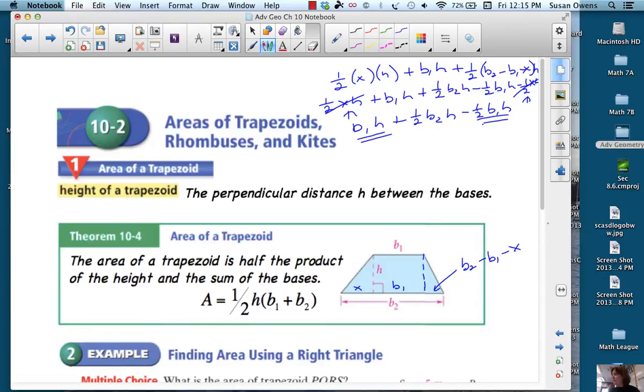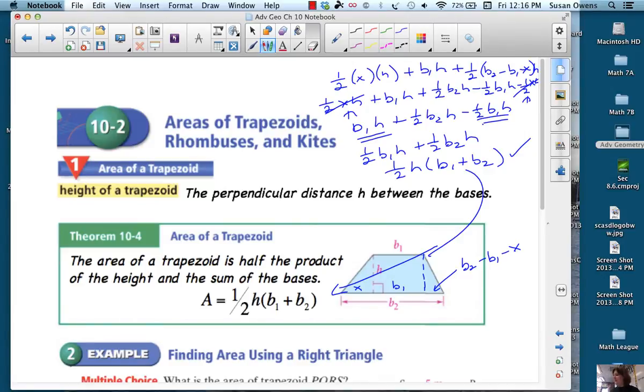So if I take 1 b1h and subtract 1/2 b1h, I end up getting 1/2 b1h plus 1/2 b2h. And then the last thing I'm going to do is factor out the 1/2 and the h. And notice what I get, b1 plus b2. Check. There it is. So I can derive this just using triangles and trapezoids.